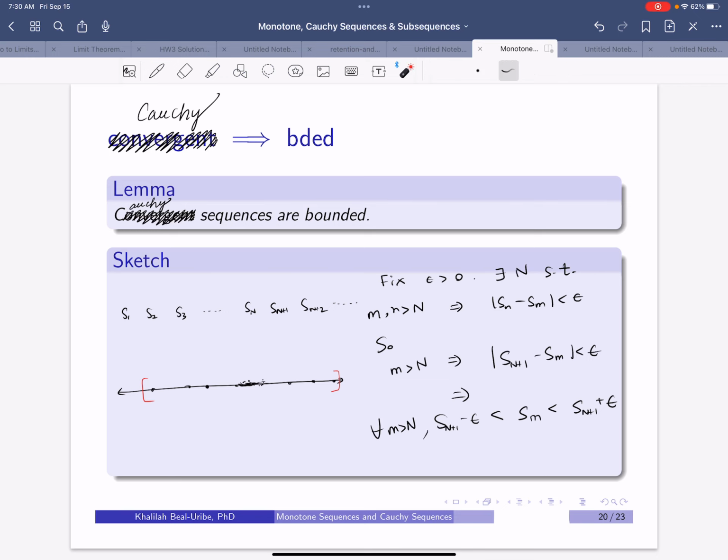So I have a bound on all of these terms, right? All of the terms where m is bigger than n. They have to be in between this and this bound here, okay?